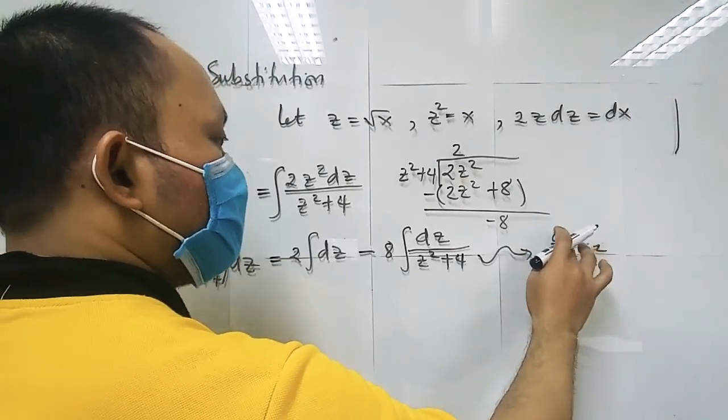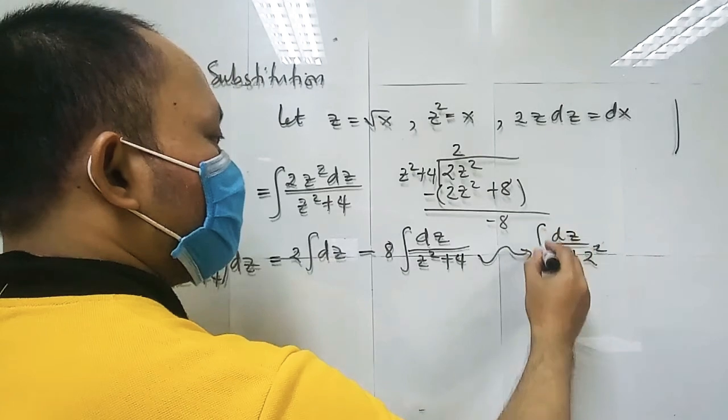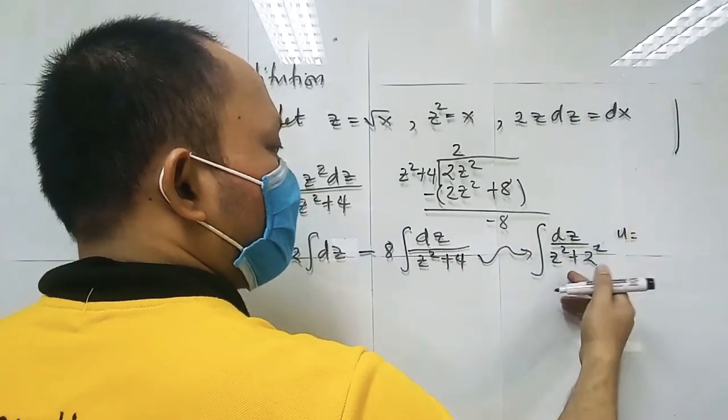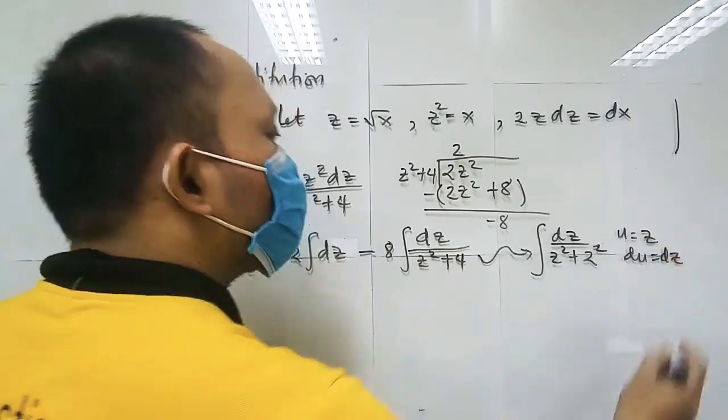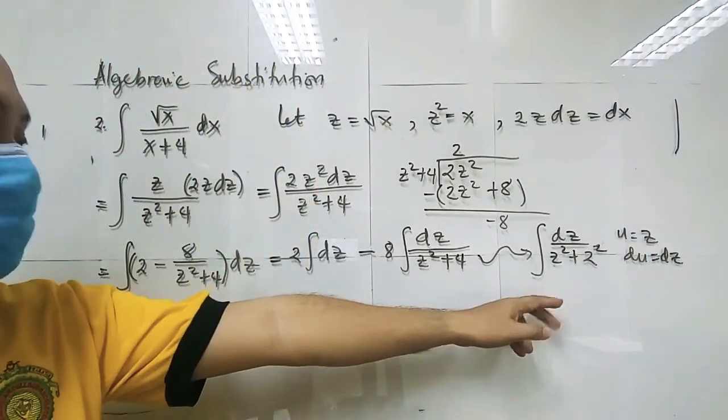This is dz. Let u equals z, du equals dz. So this is arctan.